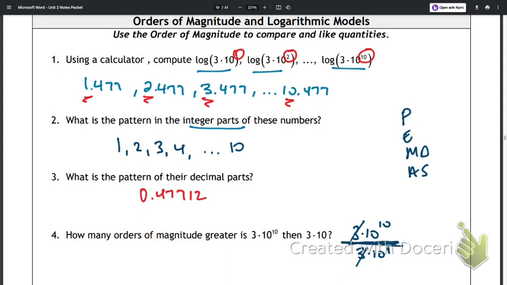That's what this line means. So we're on this level of operation right now, but your exponents do one step less, so we're going to subtract them. We've got exponents of 10 and 1, so I'm going to subtract those. So this is 10 to the 9th greater. When it says how many orders of magnitude greater, it's 9 orders of magnitude greater.